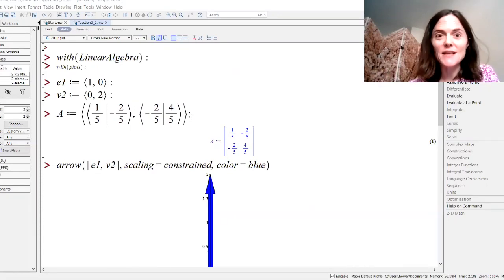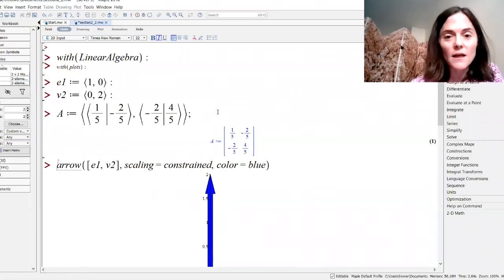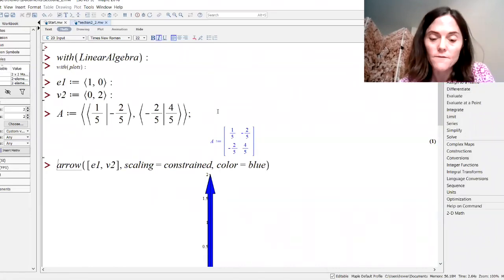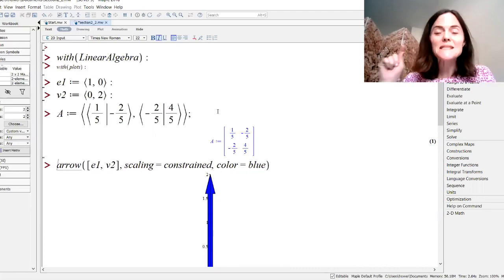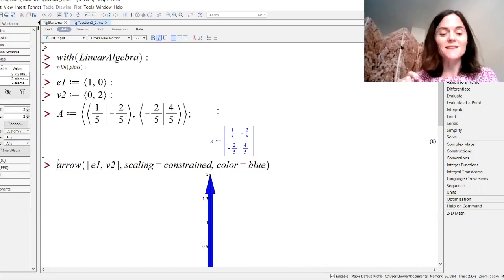I'm sorry I didn't do that last time, but this semester, anytime I use Maple, we will have the bigger font so everybody can see what I'm doing. First of all, this matrix A, let me make sure I typed it in right, 1/5, minus 2/5, and then minus 2/5, 4/5. This was the matrix that did orthogonal projection onto the line spanned by -1, 2.